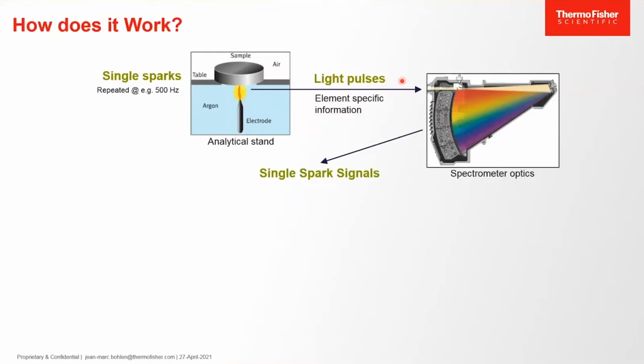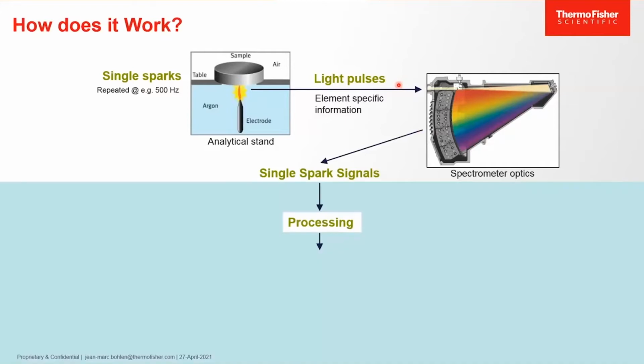The light pulses are then dispersed into spectrometer optics in the emission wavelengths of the elements contained in the sample, and they are then transformed into electrical signals, which are characteristic of the element, in the photomultiplier detectors. At the end of this acquisition, so-called single spark signals are obtained.